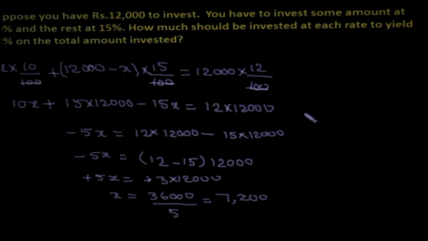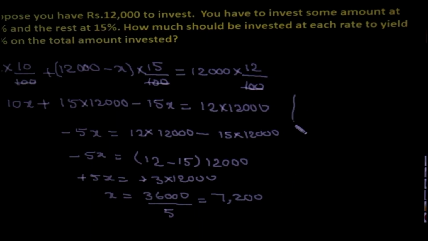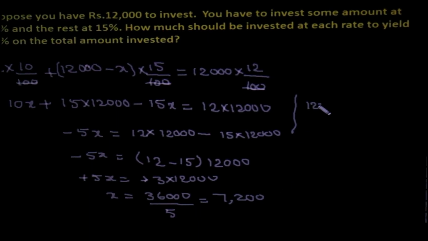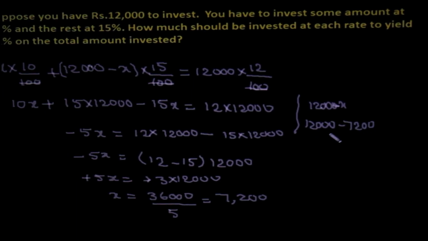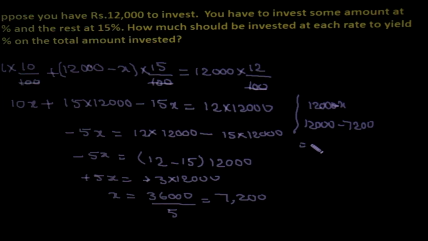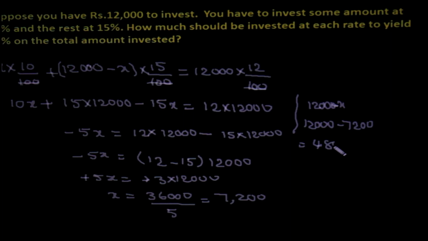The next one is 12,000 minus x, therefore 12,000 minus 7,200. This is 4,800. That's all.